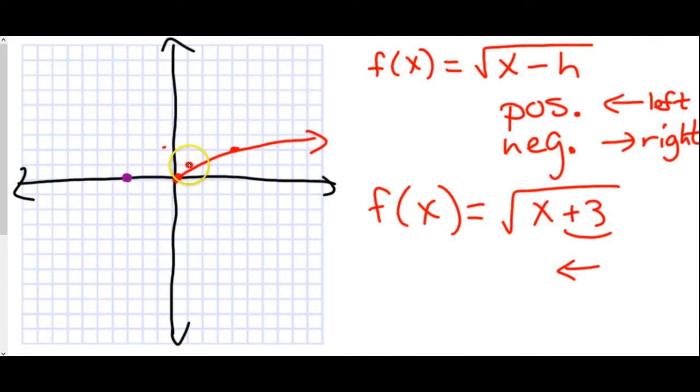There's our first one. Then the next point we count 1, 2, 3 spaces. Then the next point, 1, 2, 3 spaces. So there is our function in purple. The red function is just our reference point. It's our parent graph that we can use to figure out our final answer, but the final answer is the purple graph. And again, you can check your work by graphing it on the online graphing calculator.